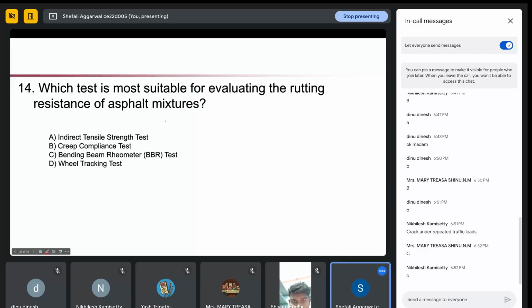From the type of failure, rutting occurs when the temperature has increased, and because of wheel load there is a bend in your surface. The options are not telling about tensile strength, or about creep under continuous load, or about viscosity to test the rheometry. So the only option is the wheel tracking test.